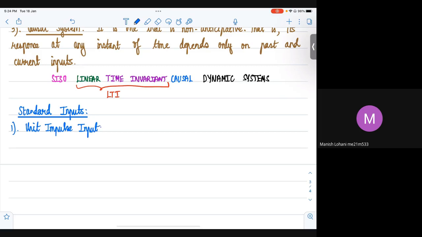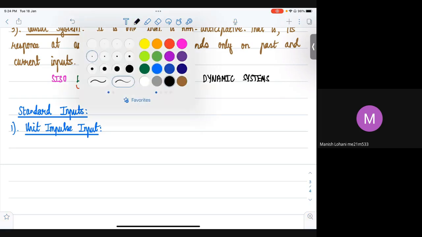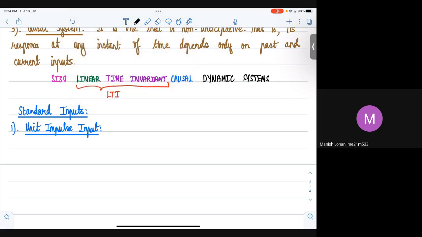Let me first start off with what is called the unit impulse. So what is this unit impulse? Suppose I plot a diagram where I am plotting the input signal u of t against time. Let me also draw another plot, which I will shortly fill in.